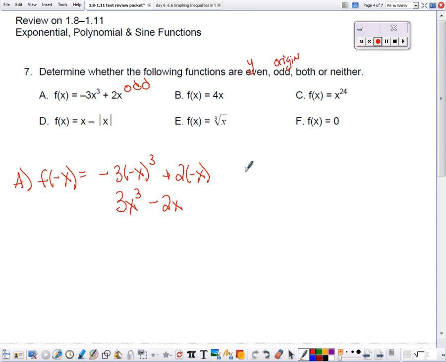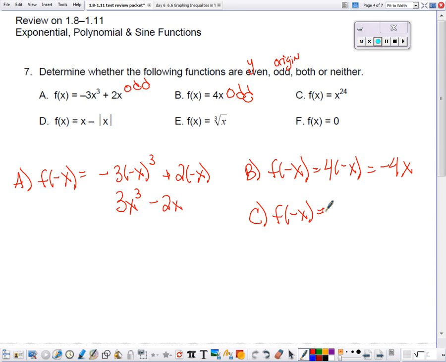Now for B, should be f of negative x. We get negative 4x. That again is the opposite, so B is odd. Now for C, a negative to an even power is positive, so we get the same function again, which makes C even.